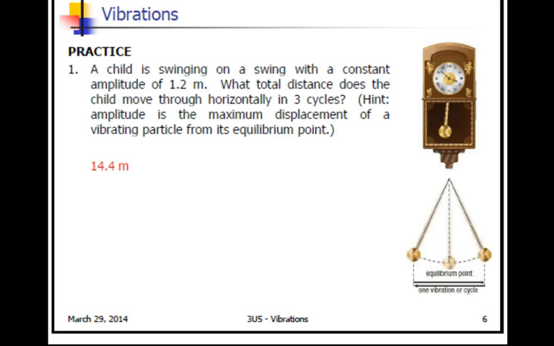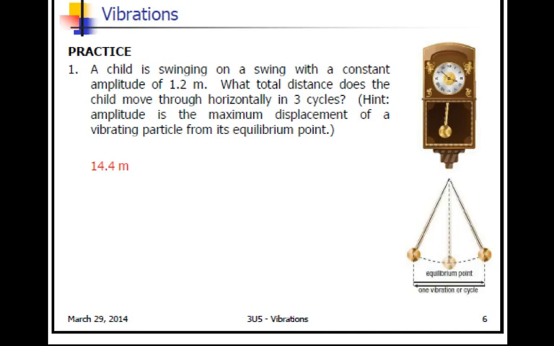So if we have this child at the center of the swing, they move forward 1.2 meters, they move back 1.2 meters to their equilibrium position, they move back 1.2 meters away from the equilibrium position, and then forward again 1.2 meters back to the equilibrium position. That is one cycle.